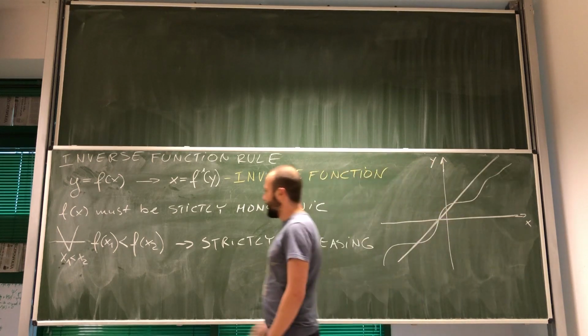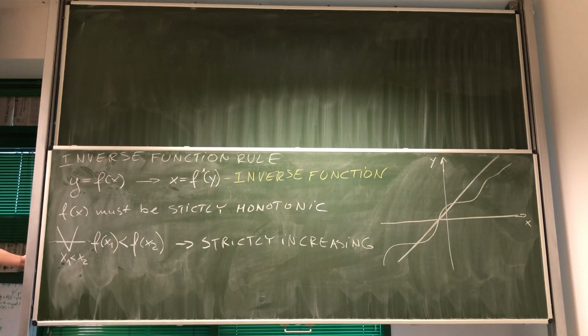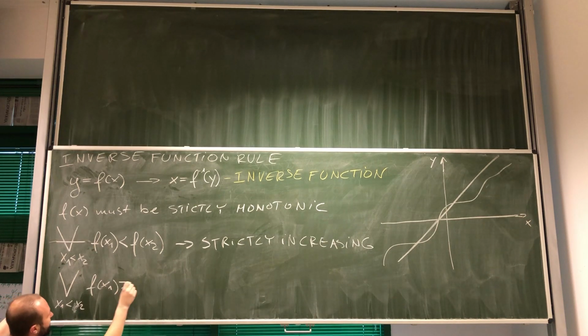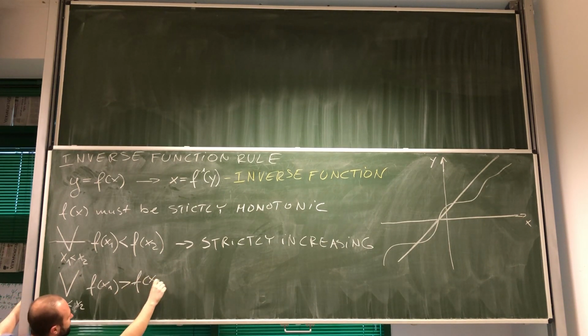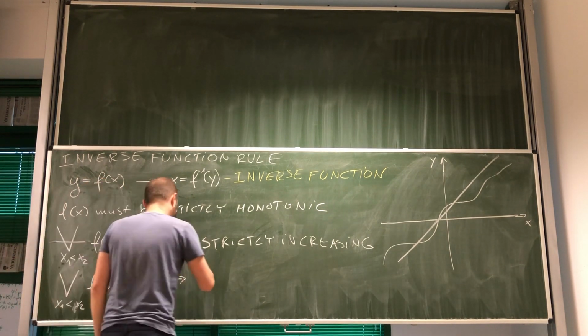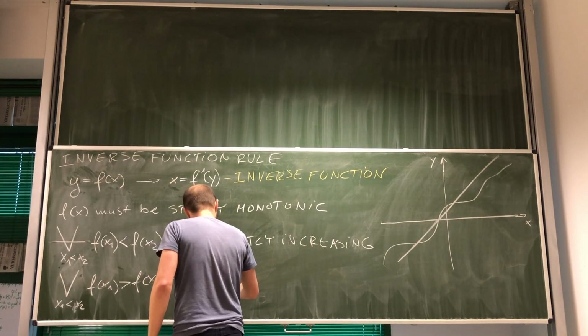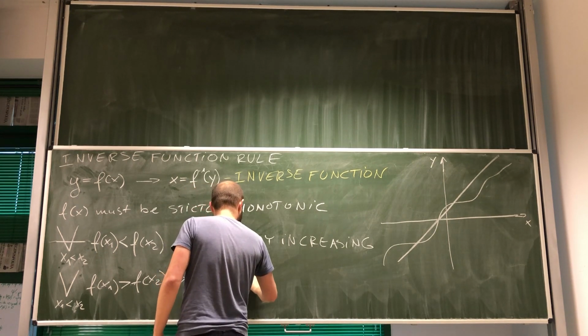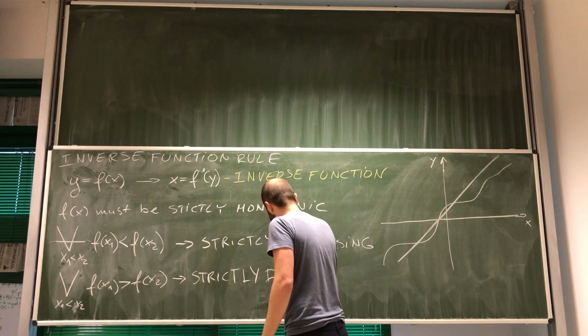Then we can also write that if for every x1 lower than x2, f of x1 is bigger than f of x2, we call this type of function strictly decreasing.